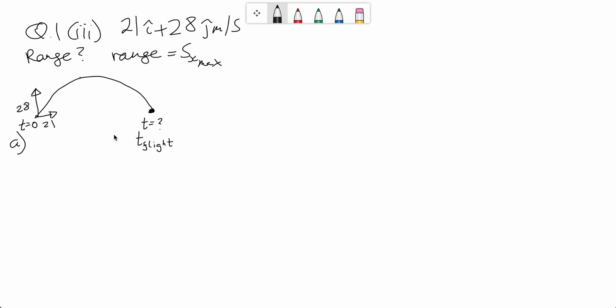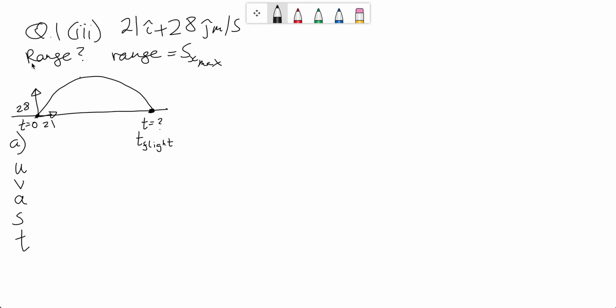So that makes sense. Okay, so if we look at the usual U, V, A, S, and T. Although we're looking for the time for it to go the full range, the time it takes to go up and come back down is also the same time.